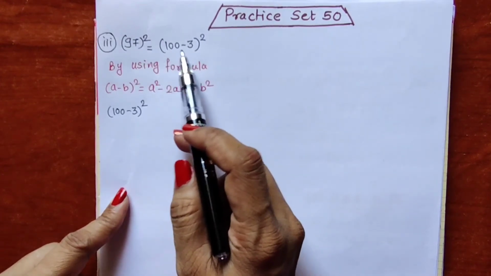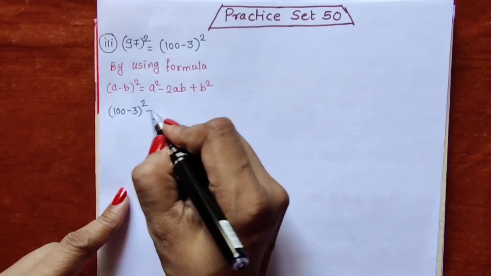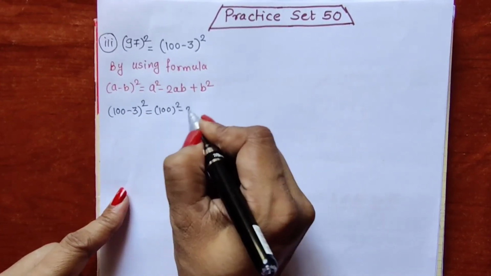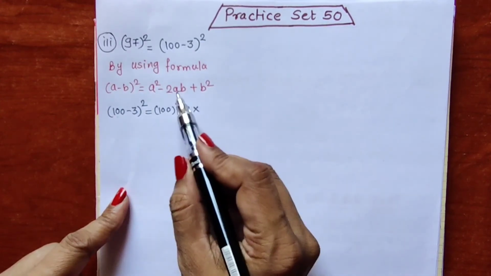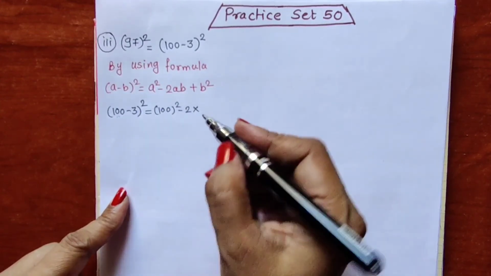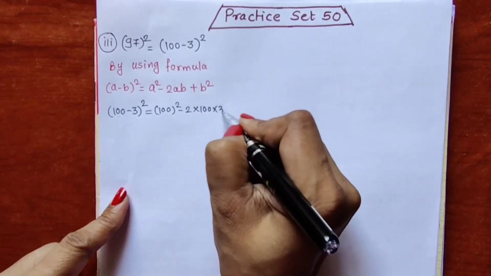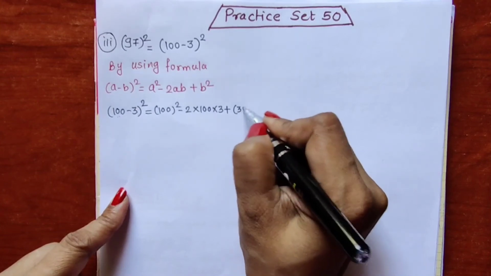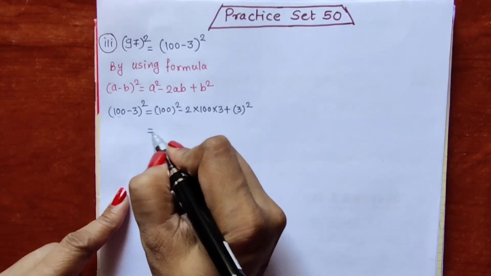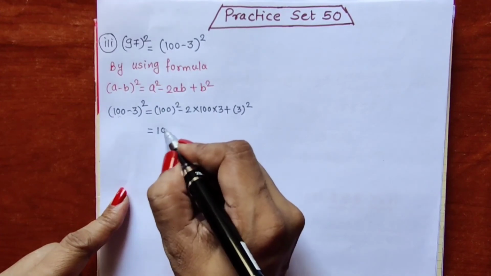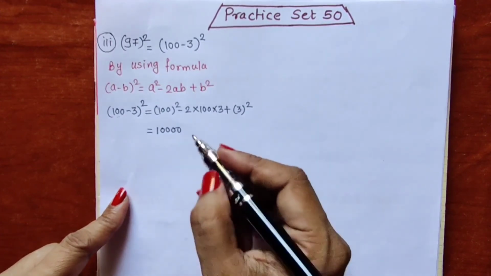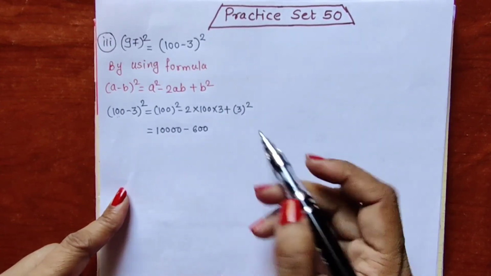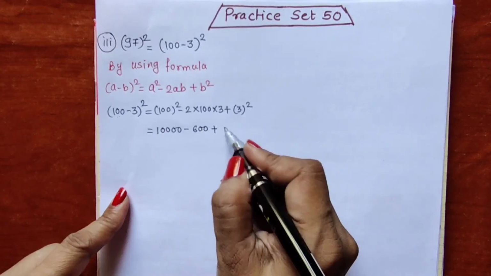For using the expansion formula, we require these two terms. So first term square, a square means first term square, that means 100 square minus 2 multiplied by a into b. A is first term, b is the second term, so 100 into 3, and plus b square, b is second term, that means second term square, that means 3 square. Now 100 square will be 1 and 2 zeros are there, so we write 4 zeros, minus 2 3s are 6 into 0 0, 600, plus 3 square 9.